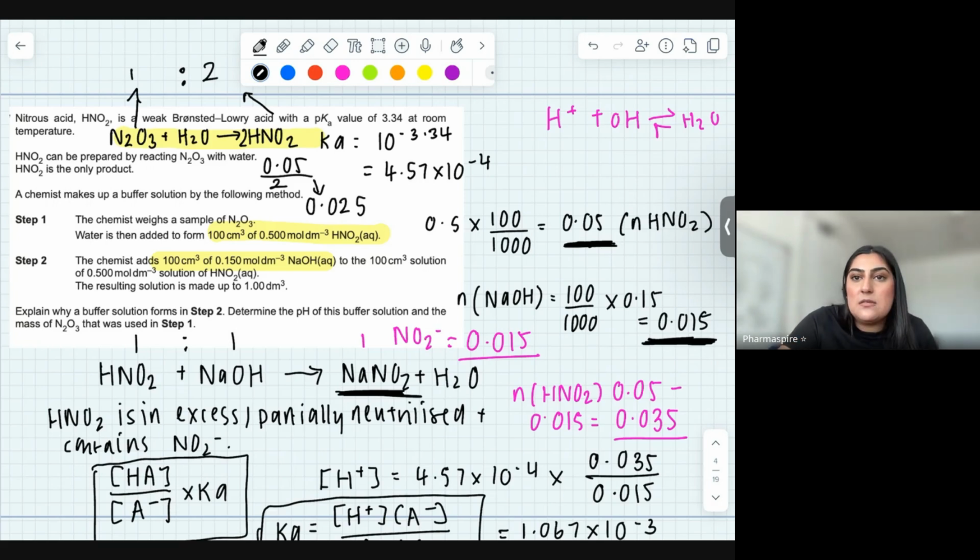Now, if I need a mass, and I've got moles, what do I work out? Mr, right? So you work out the Mr of N2O3: 14 plus 14 plus 16 plus 16 plus 16, which is 76, okay? So we can do the moles times 76, and we get our answer as 1.9 grams.